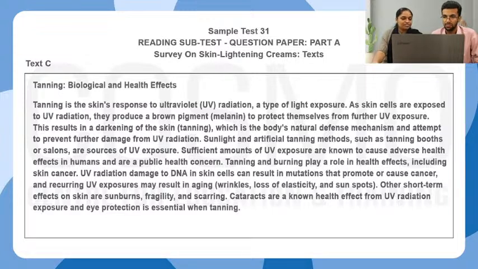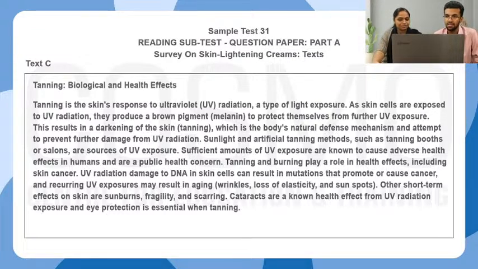Alina Joes also got it right. Artificial tanning methods. Mithu Varghese is saying it's salons. Actually, salon is one kind of artificial tanning method. So when you write the answer precisely, you must write artificial tanning methods. Booths and salons are just different kinds of artificial tanning methods.